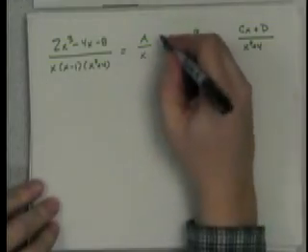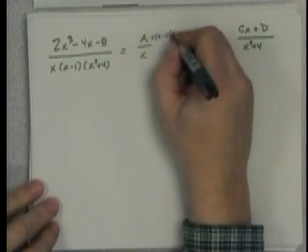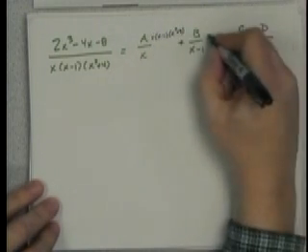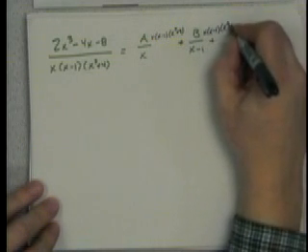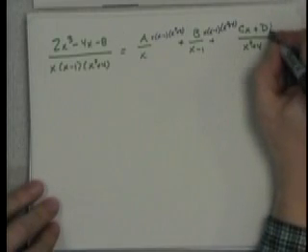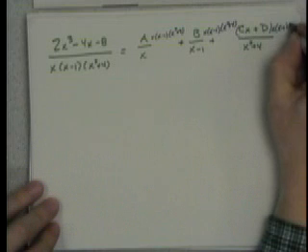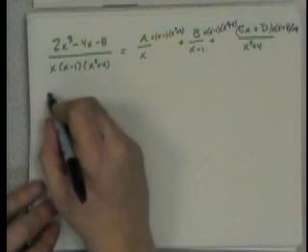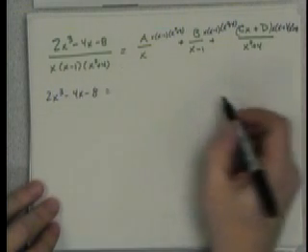If I multiply everything by the common denominator, I get 2x cubed minus 4x minus 8 on the left.